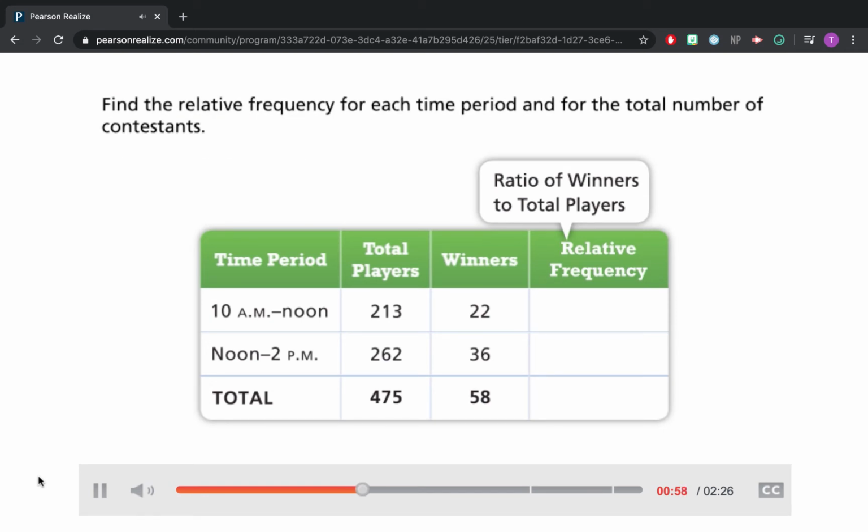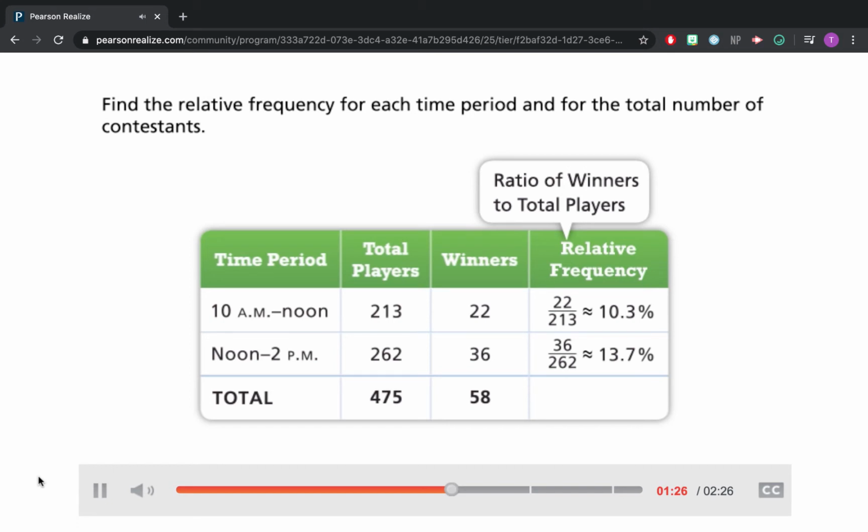We can find the relative frequency for each time period and for the total number of contestants. The relative frequency from 10 to noon is about 10 3/10%. The relative frequency from noon to 2 is about 13 7/10%. So the relative frequency for the entire day will be between 10 3/10 and 13 7/10.